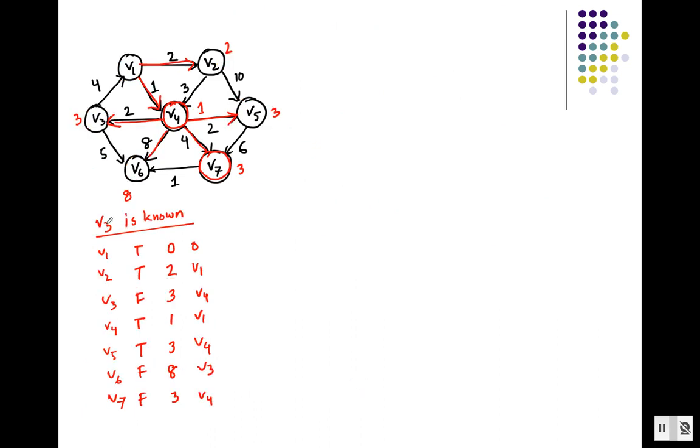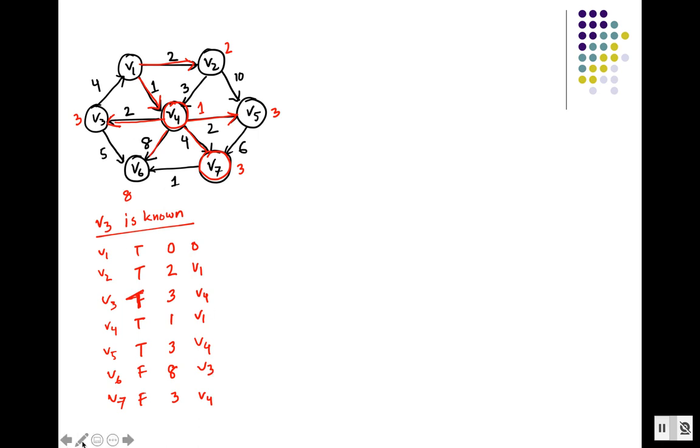So after we make v3 known, our table looks like this. We also have to make v3 true. And we updated v6 with distance 8, which was 9, and previous node v3.